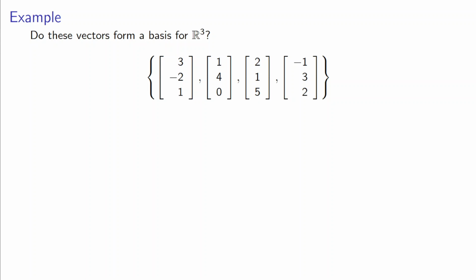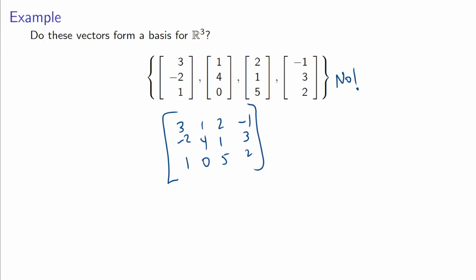And then the last example here: 4 vectors in R^3. Again, we can immediately say no, these vectors do not form a basis for R^3. If we were to row reduce that matrix, we would know that even if we had a pivot in every row, we couldn't get a pivot in every column.